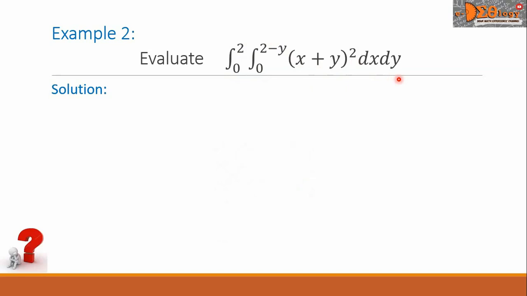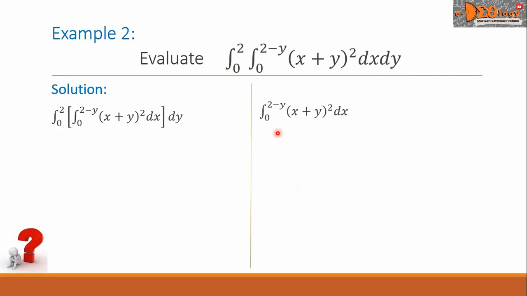Let us solve starting with the inner integral. So we can write like this. Then let us copy the inner integral on the side. Let us integrate this with respect to x. It means we will integrate with respect to x, and that is, we will take y as constant.